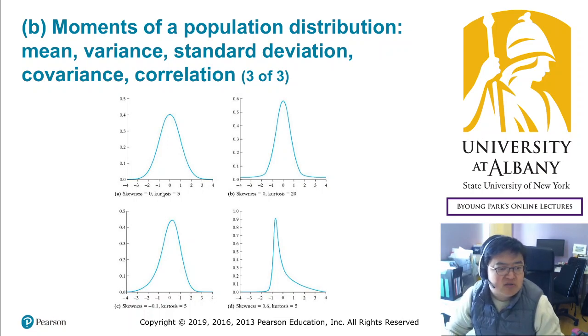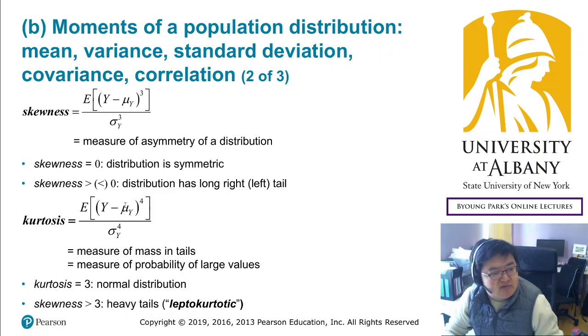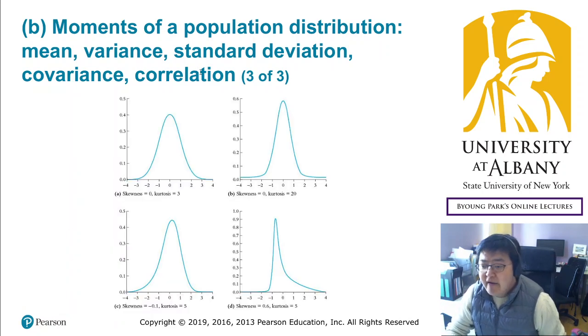The skewness and kurtosis are not important, but it is nice to see them to understand how we define new measures and how to understand the expectations and moments. Okay, I'm going to call it a lecture.